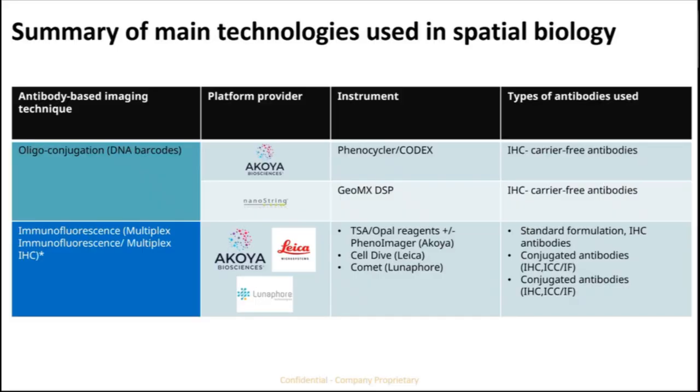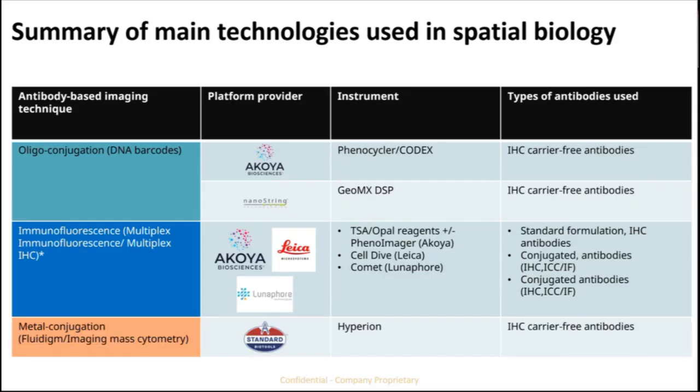For immunofluorescence techniques such as Akoya, Cell DIVE from Leica, or Lunaphore COMET, you can consider using our standard formulation IHC validated antibody and couple it to TSA or OPAL reagent for detection. For Leica Cell DIVE and Lunaphore COMET, you can use conjugated antibodies, which would be suitable for downstream detection. And for imaging mass cytometry, you can also consider choosing our IHC carrier-free antibodies and conjugating them to the metals.